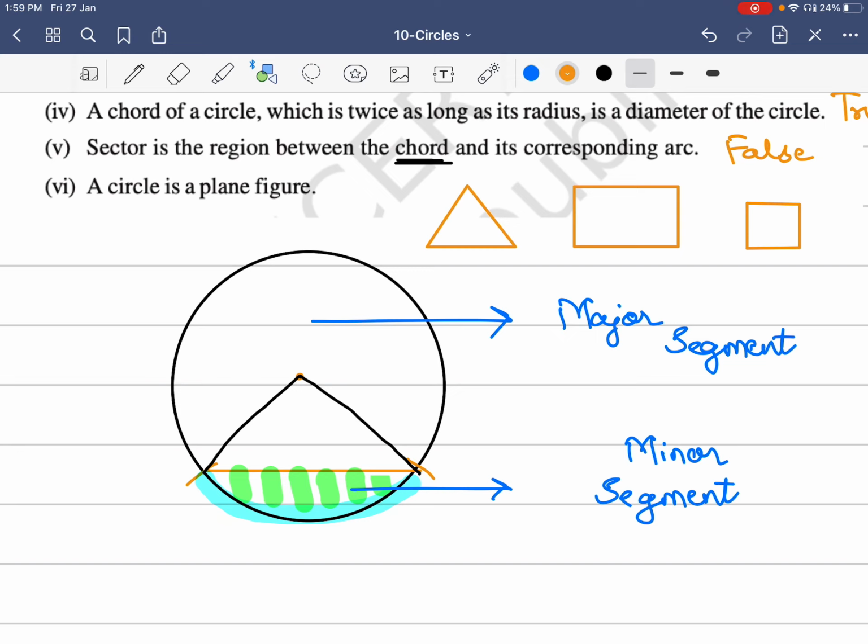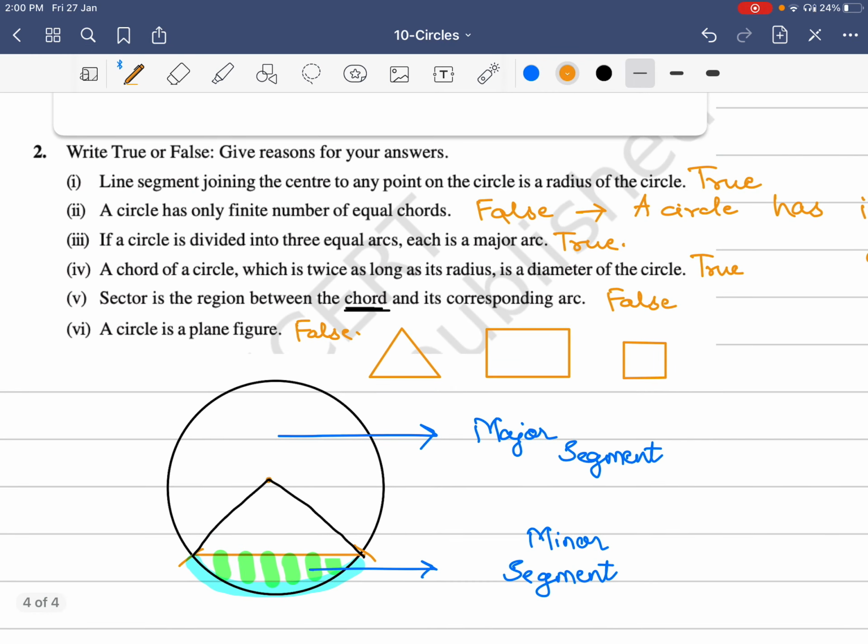These are all called plane figures because they consist of straight lines. However, a circle is in fact the very opposite of straight lines. It's a curved continuous figure. So the statement that a circle is a plane figure is false. In this way we have completed 6 statements of true and false.